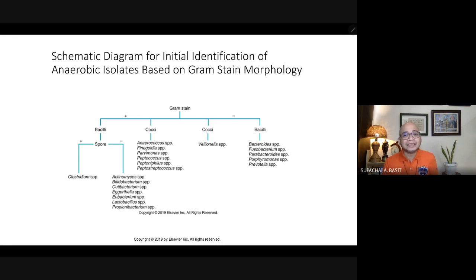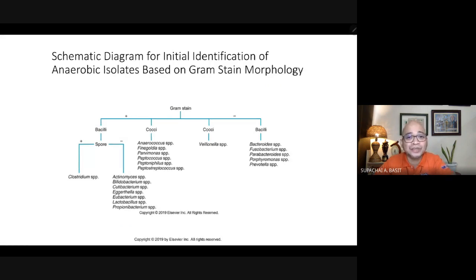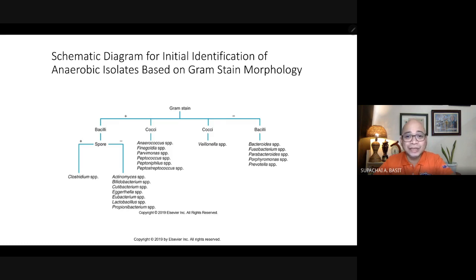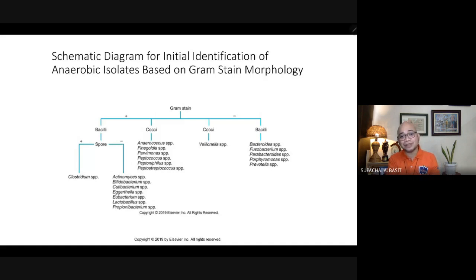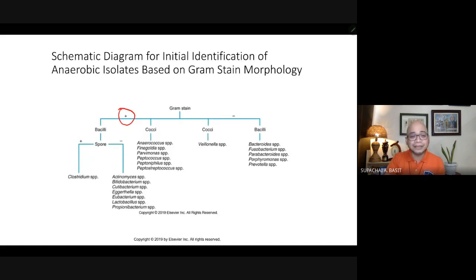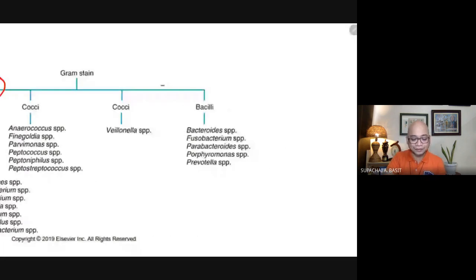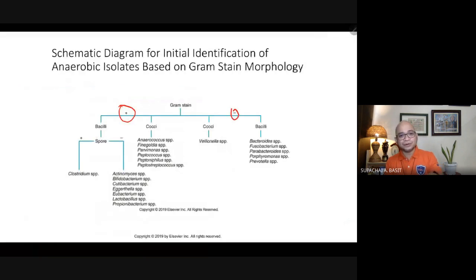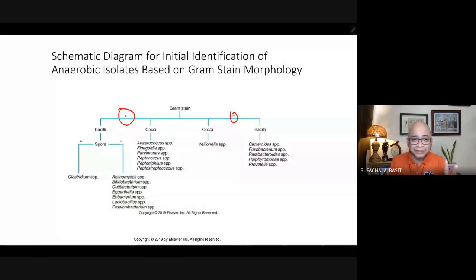Now let us discuss the schematic diagram for initial identification of anaerobic isolates based on gram stain morphology. Here, we can divide anaerobic bacteria into two major categories: gram positive or gram negative. If they are gram positive, we classify them whether they are bacilli or cocci.